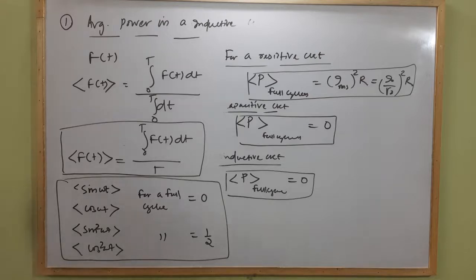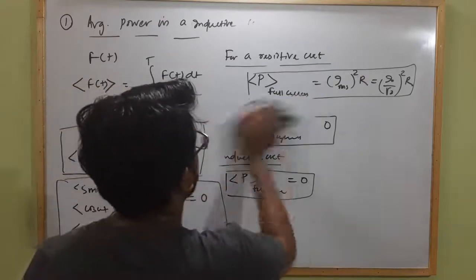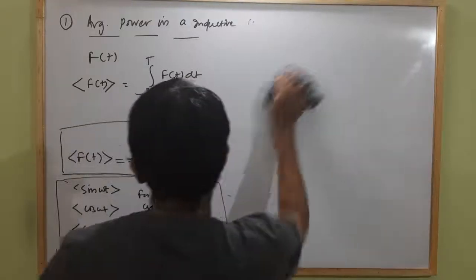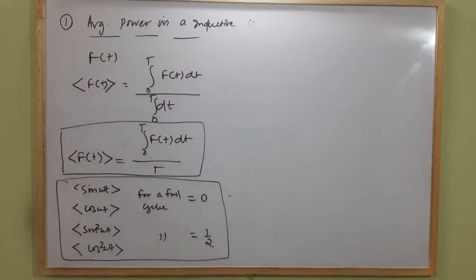The average value will be this much, we already discussed this. So how do we find the average power of inductive, resistive and capacitive circuits?